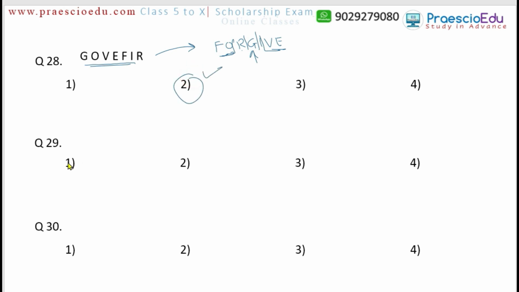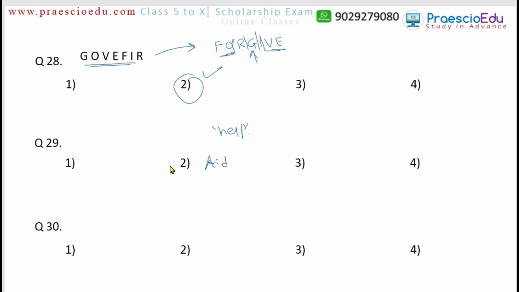Then question number 29. Which word does not bear a similar meaning to the word help? Now we have to find such a word from the options which does not bear a similar meaning to help. First we will take give. Give means offering something, so this is not related to help. Now aid.